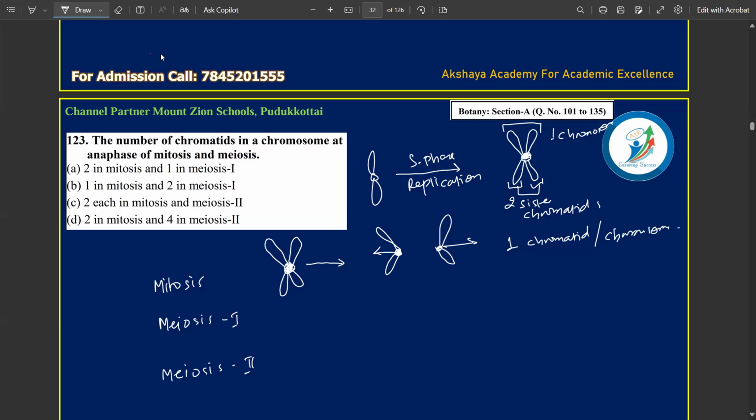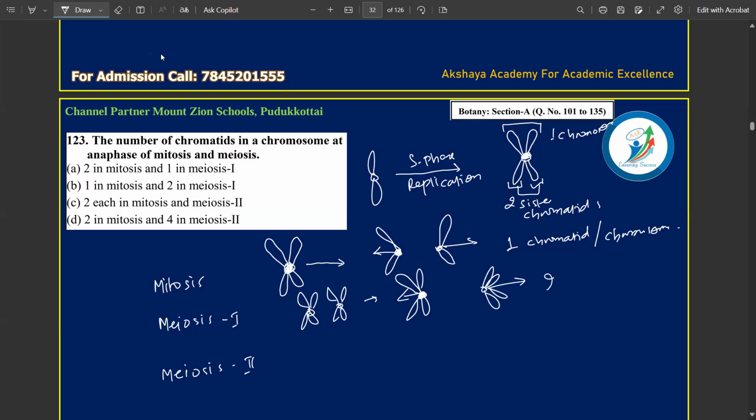Now in meiosis 1, there are homologous chromosomes, and during anaphase these homologous chromosomes get separated.